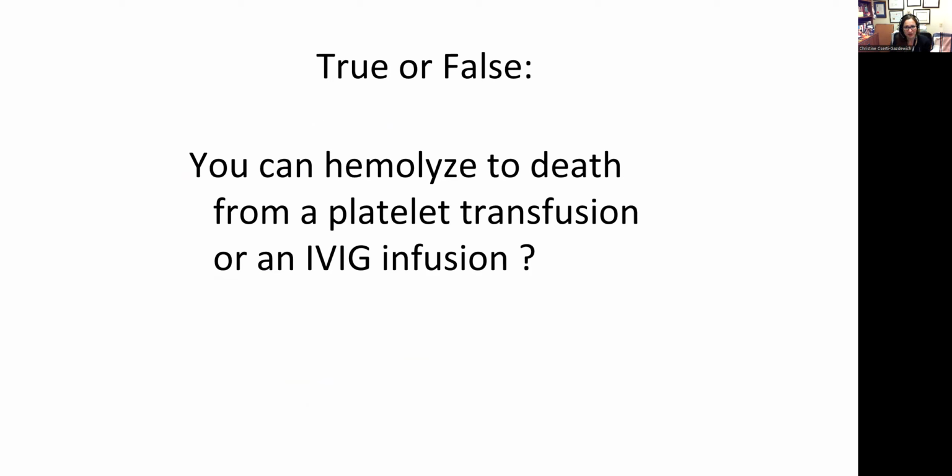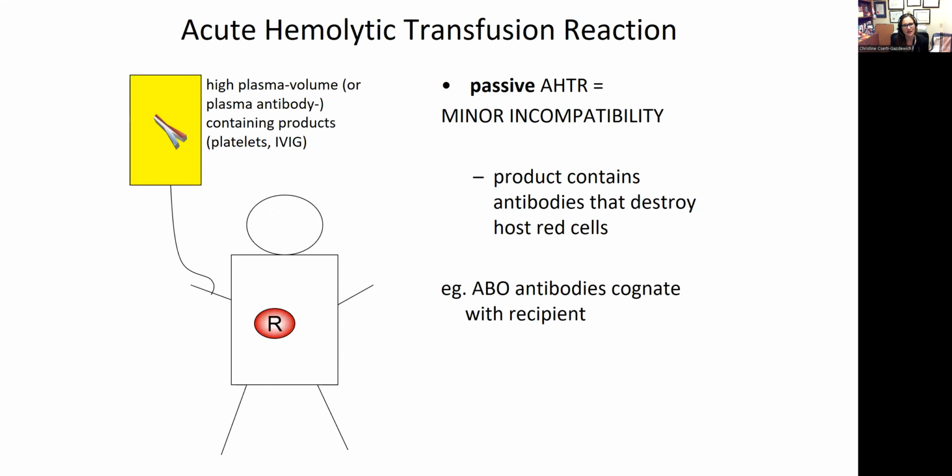It is true that you can hemolyze to death from a platelet transfusion or an IVIG infusion. And the cartoon here is this, okay? So this is a passive antibody coming in from your product and landing on a host antigen that the donor had immunity against, okay? So anti-A from IVIG can come into a group A host and cause hemolysis.